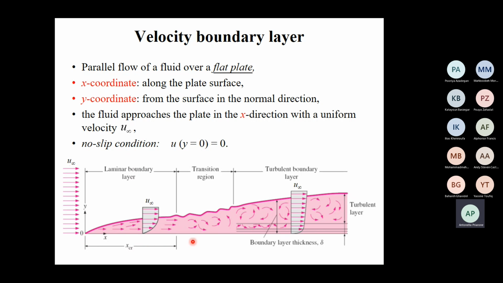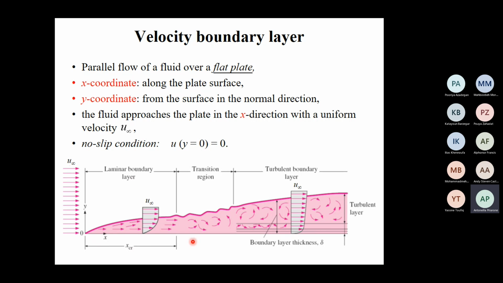I can consider also the Nusselt average value for a portion of plate, that is Nusselt L, with L the total distance from the beginning to that point. The same for the Reynolds number, but okay, I will clarify this point later.